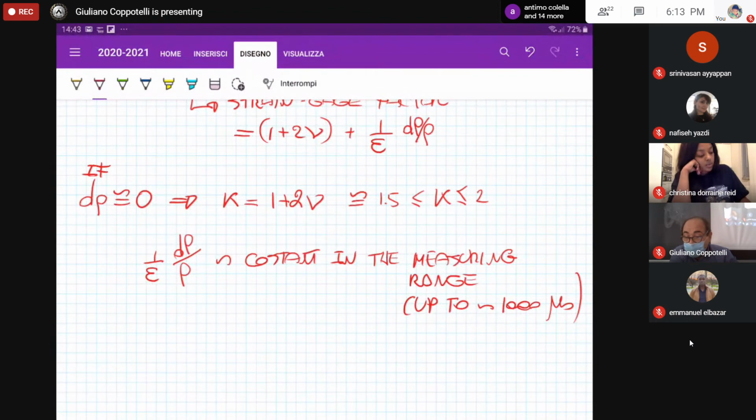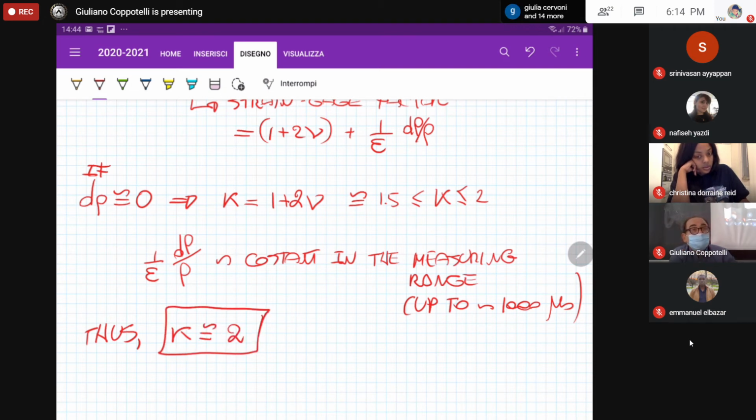Okay, and the result is that K has a constant value of about 2, more or less, depending on the characteristics of the strain gauge itself.